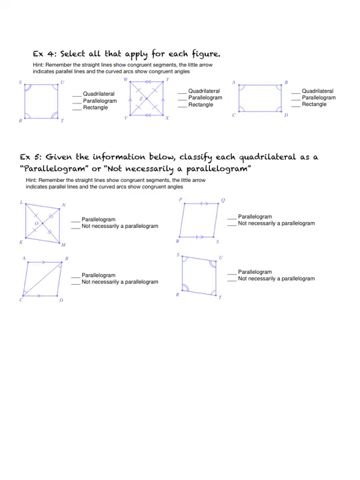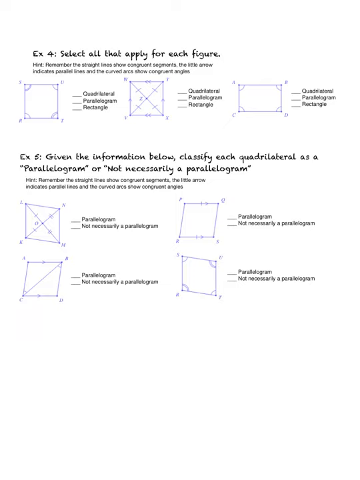Now on this page, you see another question, another thing that looks like Alex. We take it straight out of there. So you're going to select any and all of the categories that fit the picture. Sometimes you're going to know more than you do know. So first of all, is figure RST a quadrilateral?